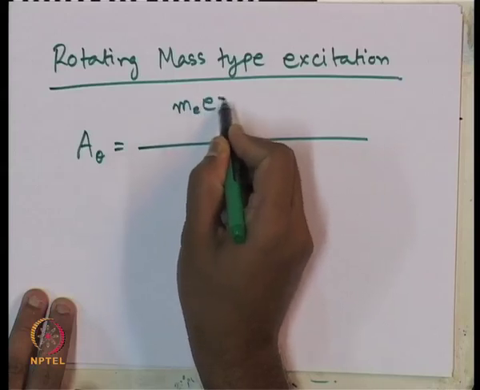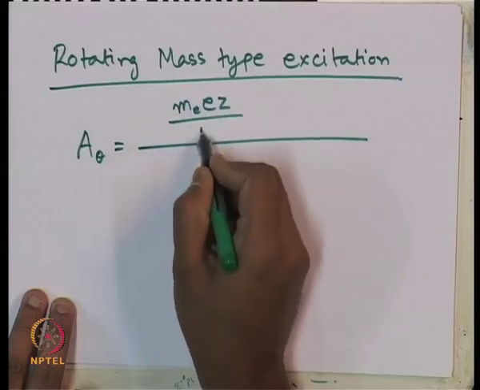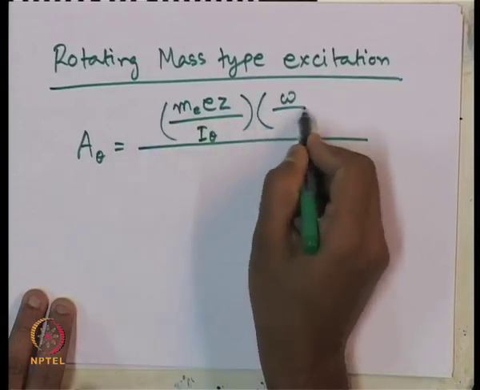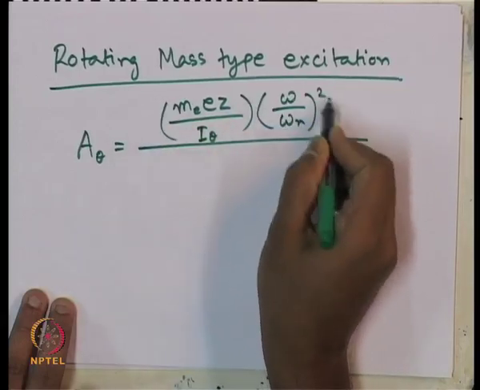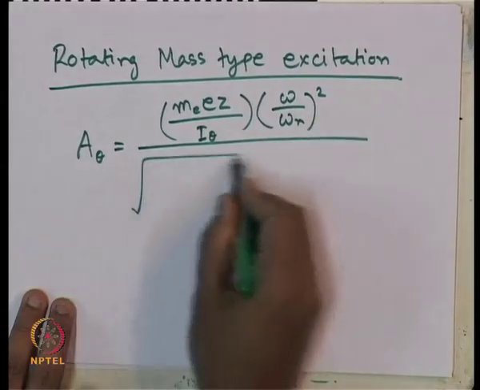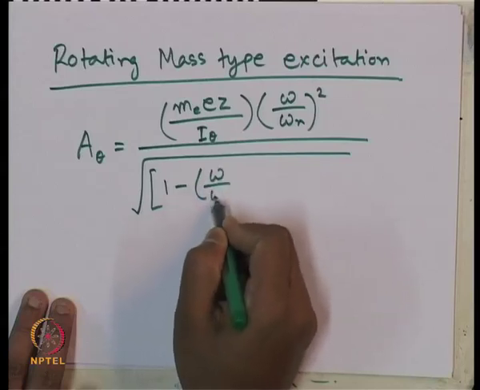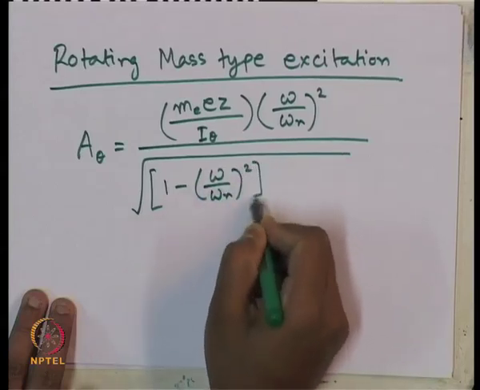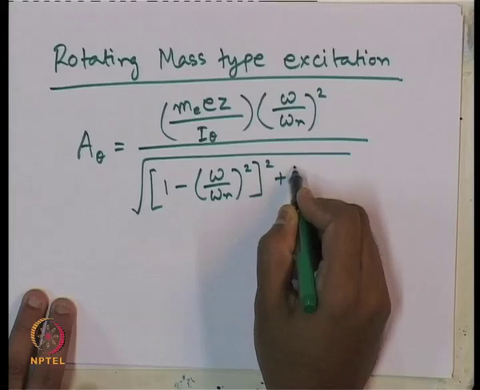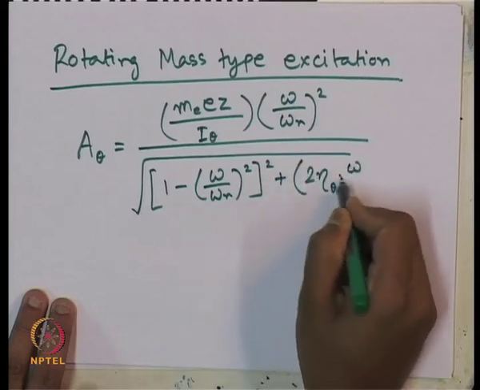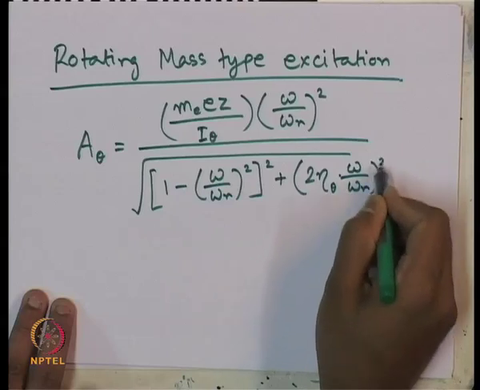M e e z by I theta times (omega by omega n) whole square by root over (1 minus (omega by omega n) whole square) whole square plus (2 eta theta omega by omega n) whole square.